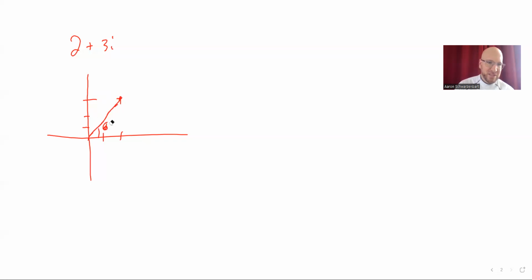Let's just make that theta better. So the polar form of any complex number, we're going to use z a lot for complex numbers, is r cosine theta plus i sine theta. I'm going to show you why that's true.